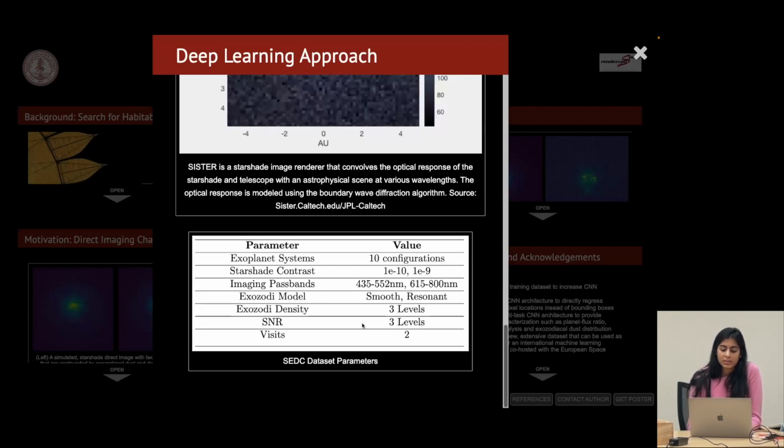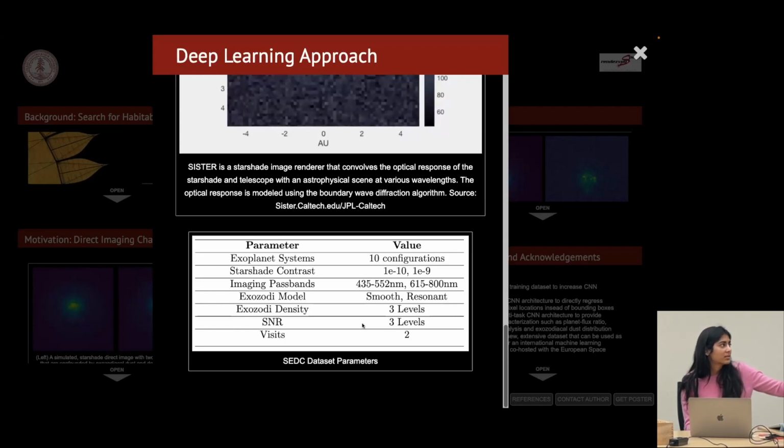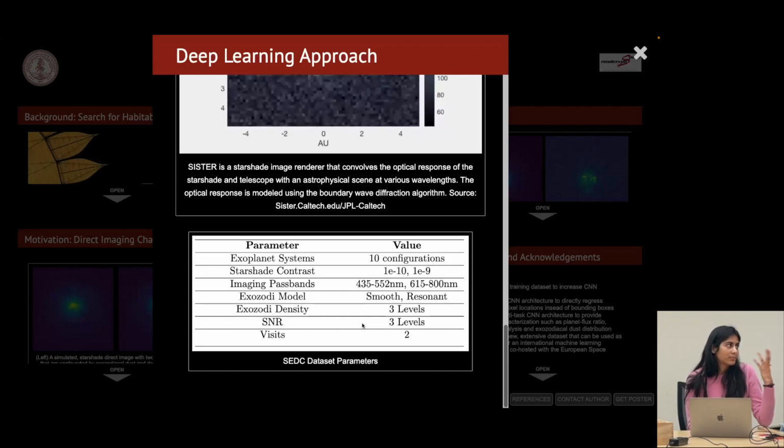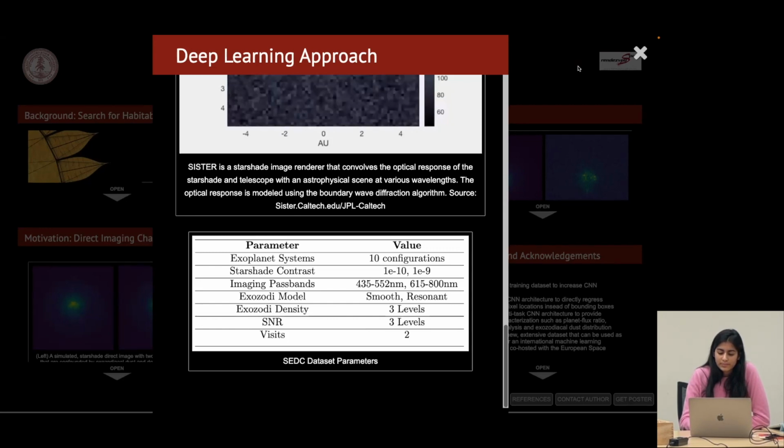We are modeling the starshade contrast both at 1e-10, which is the nominal starshade performance, as well as a degraded starshade performance, using 2 different pass bands, as well as several levels of noise, both in the exozodiacal dust, which for the sake of exoplanets is a source of noise but in its own right is also something we're interested in studying, as well as the signal to noise ratio of the overall image.